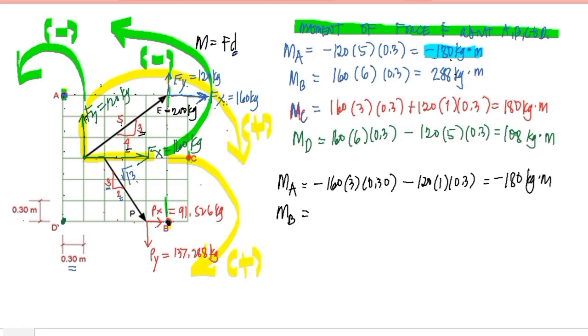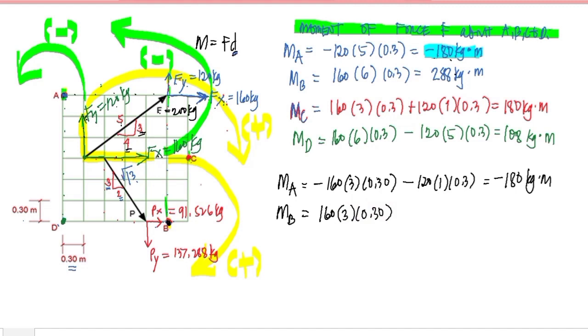So for Fx, that's 160 times the distance to point B, since this is our line of action for Fx. Therefore, this is the perpendicular distance to point B. So, it's 1, 2, 3, so 3 blocks. So it's 3 times 0.3.